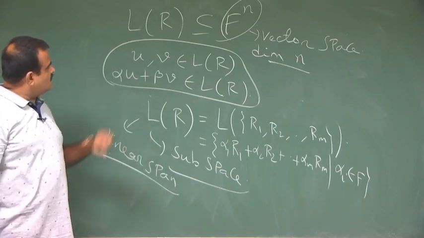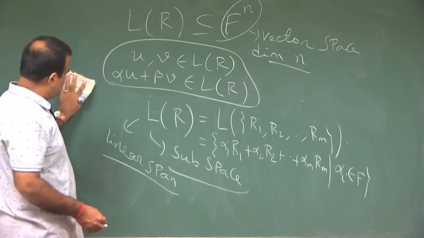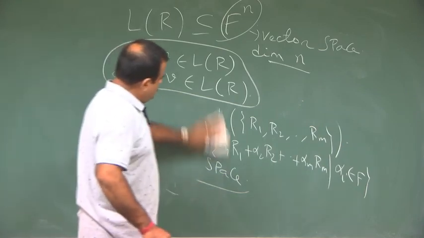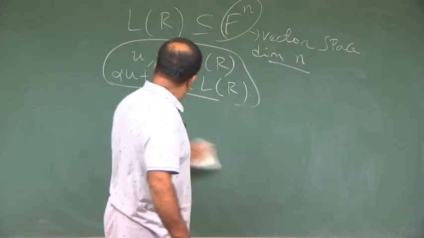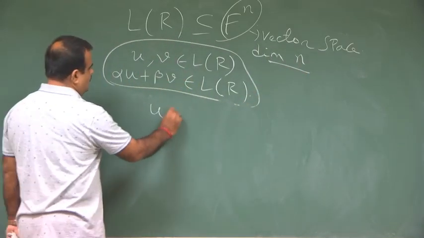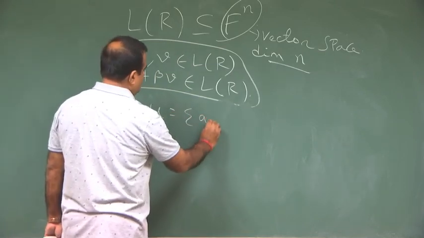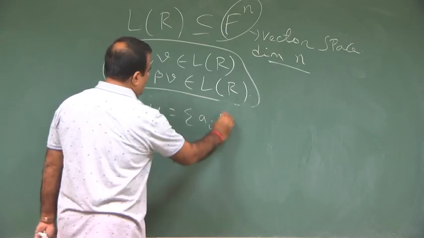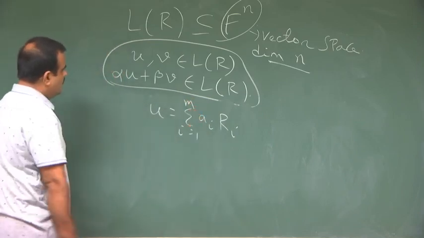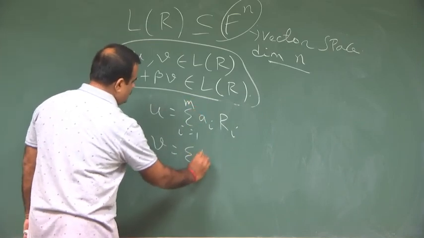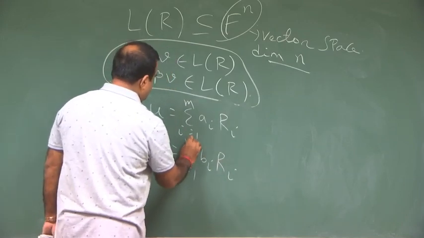Now, we can easily show this, because if you take u from this, u is nothing but a linear combination of the rows. If u is in the linear span, u can be written as the summation of a i r i for i equal to 1 to m, and v can also be written as the summation of b i r i for i equal to 1 to m.